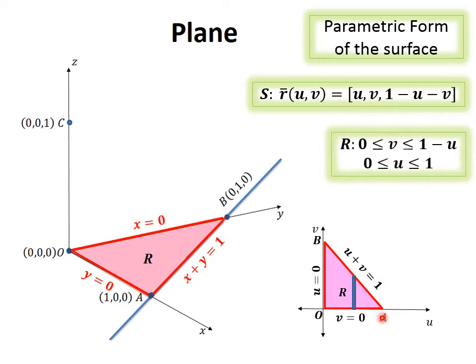So the bounds for u and v in the uv plane are 0 less than or equal to v less than or equal to 1 minus u and 0 less than or equal to u less than or equal to 1. These bounds can also be fixed by choosing the strip parallel to the u axis. So now the parametric representation of the surface plane is given by the vector function r bar of u v with an appropriate bound in the uv plane.